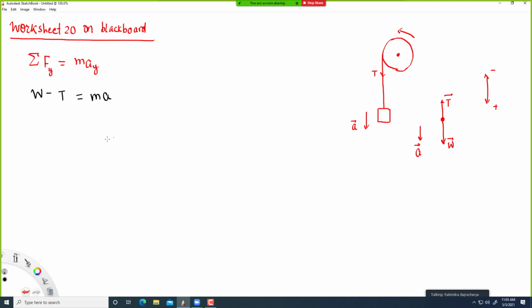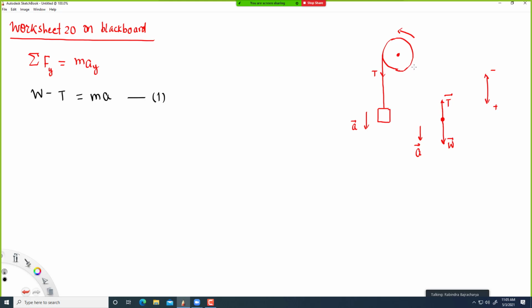Since there are two unknowns in this equation, we cannot use this equation alone. This equation won't give us what we are looking for. Let's just call this equation 1. So we need to look for a different equation. What other equation can we use here?